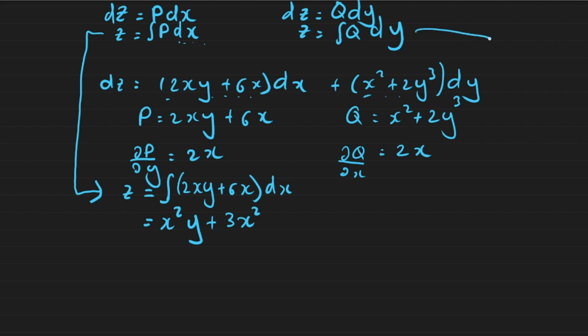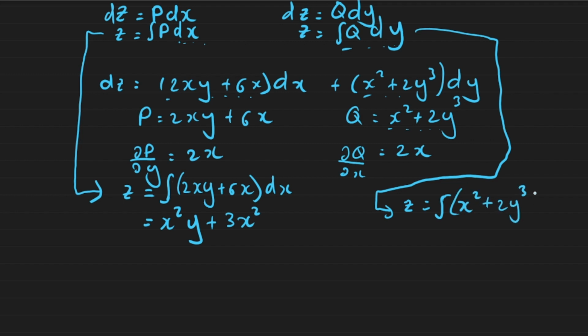Then if we do the same with y, z is equal to the integral of q dy. q is x squared plus 2y cubed, and we're integrating this with respect to y. When we do that, we get x squared y plus y to the power 4, and then 4 times something must give us 2. So that's a half. 4 times a half gives us 2.